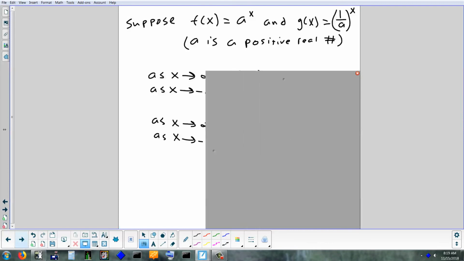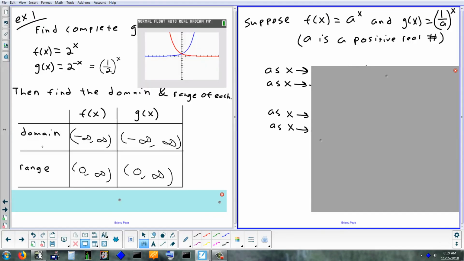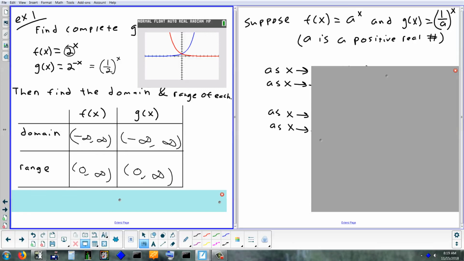So let's try to summarize what's happening here, in general. I did the problem specifically when a was a 2. Well, let's just pretend that a is any positive real number: 2, 3, 4, 5.5, 6, whatever you want. This is how the graphs are pretty much always going to look, right?